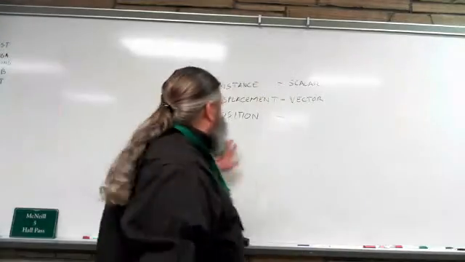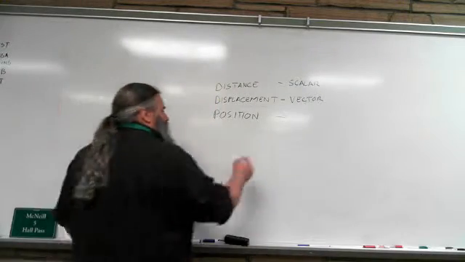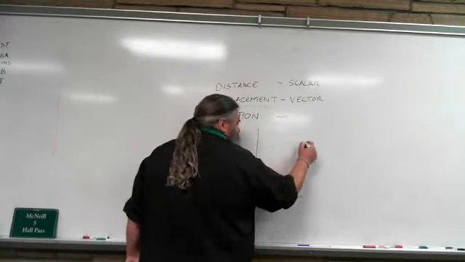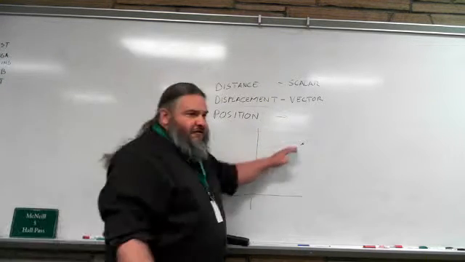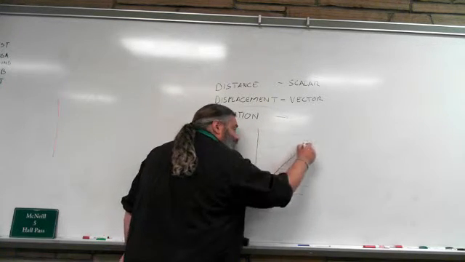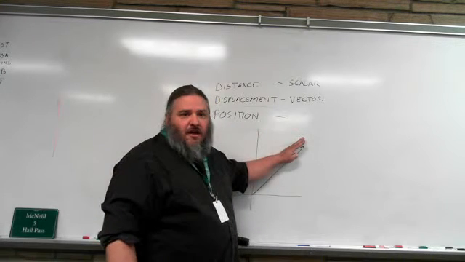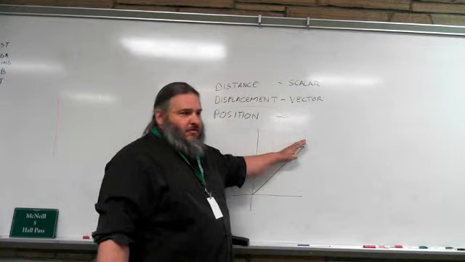Yes. When we talk about the position of an object, we're talking about the location of an object with respect typically to the origin. This is this object's position. It's this far away in that direction. Cool?